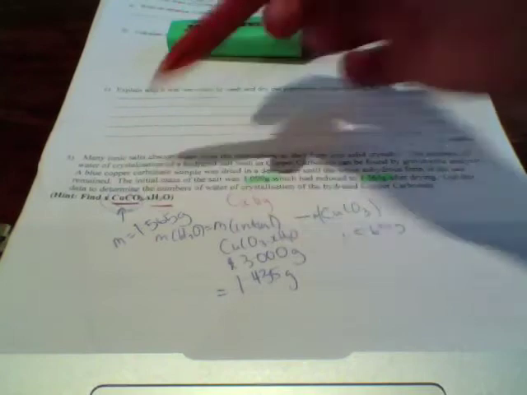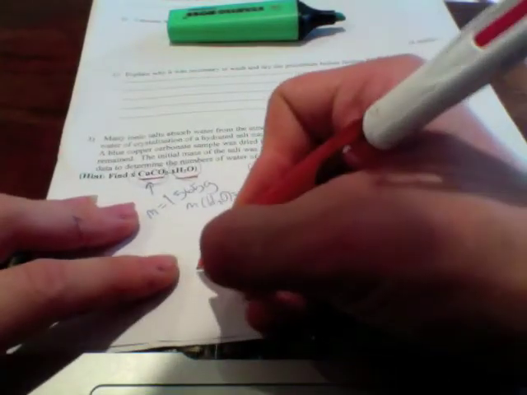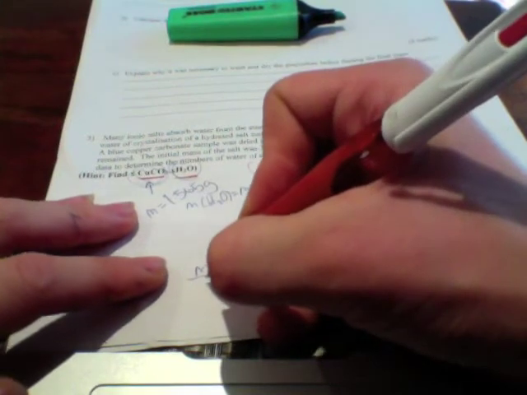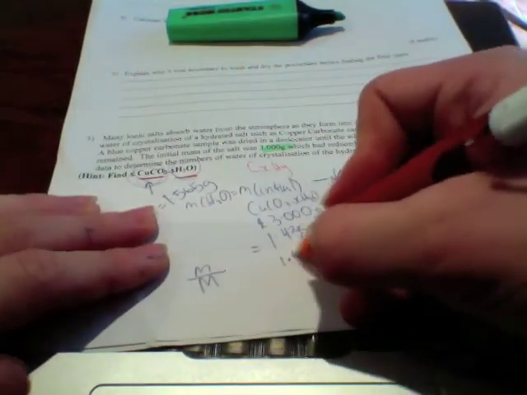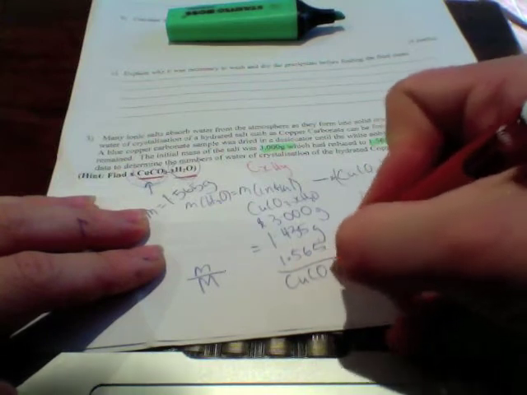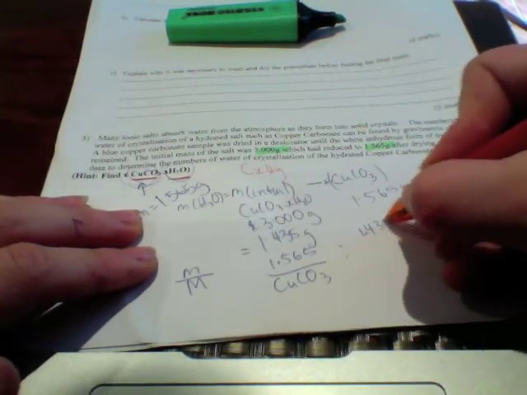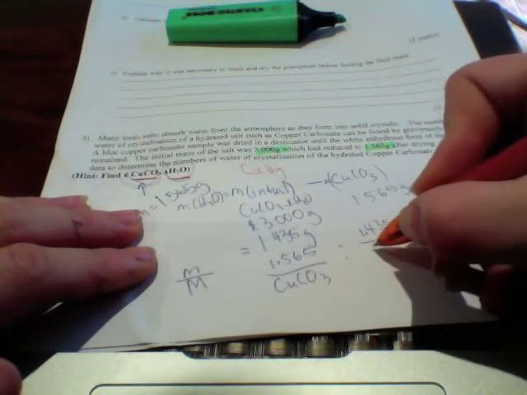Okay, so let's just set it out like an empirical formula. How we work out an empirical formula is the mass over the molar mass, isn't it? So we've got our mass, 1.565 over the molar mass of CuCO3, and then we've got a ratio with 1.435 grams over the molar mass of H2O.